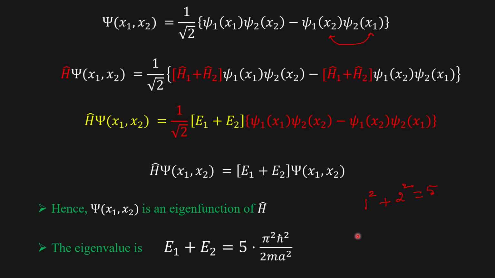The nth energy level is n squared pi squared h-bar squared over 2ma squared. Here n is 1, so this is pi squared h-bar squared over 2ma squared, which is nothing but E1. Then we will move on to the next section.